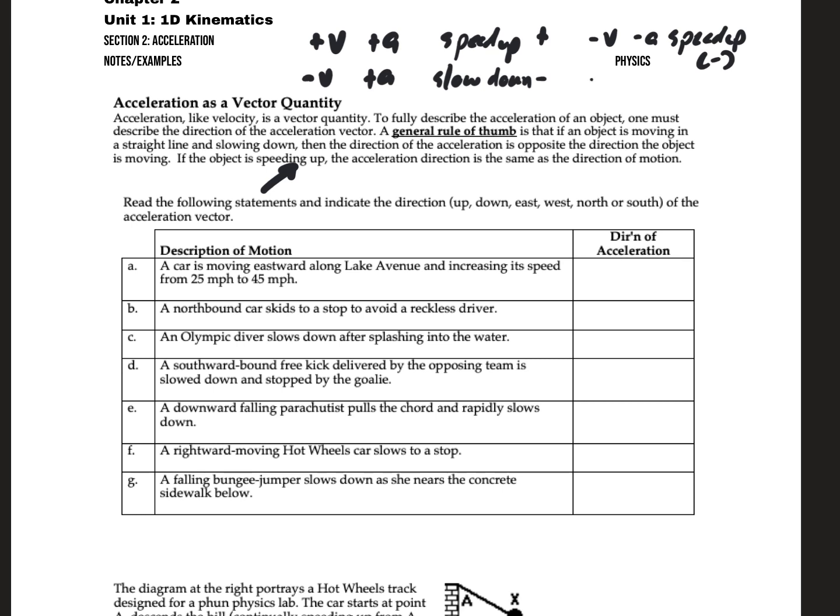And then I can have a positive velocity and a negative acceleration, and this would be slowing down in the positive direction. What I'm going to do is go and mark the directions as positive or negative, and I want you to come in if you have a question, but these are just some general rules we'd be looking at.